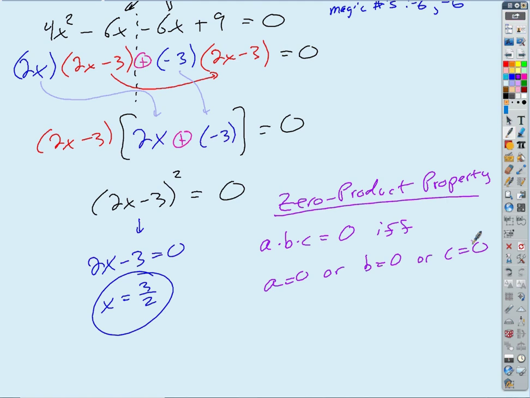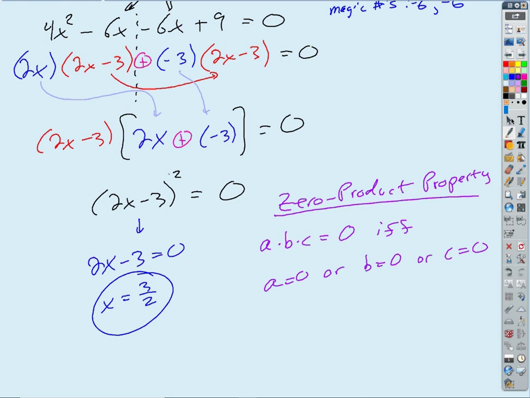The only way I can have a product of multiple factors equaling 0 is when the individual factors equal 0. So those are my solutions, right? In this case, I've got one factor that's being squared. So 2x minus 3 times 2x minus 3 can only equal 0 when the factor 2x minus 3 is 0. If it were anything else, any other number squared would not be 0, right?